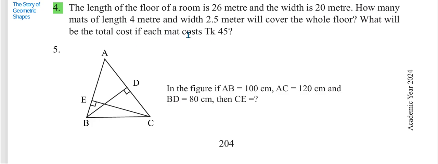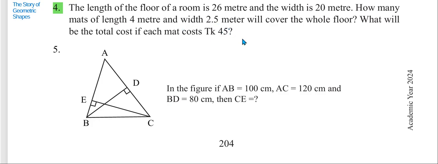And after determining the area of both room and mat, we have to divide the area of the room by the area of mat, and after that we will find the number of total mats.